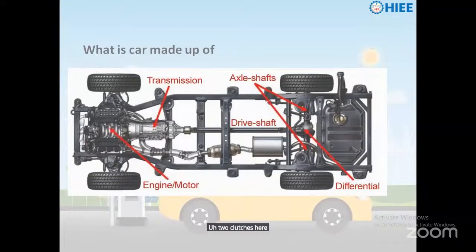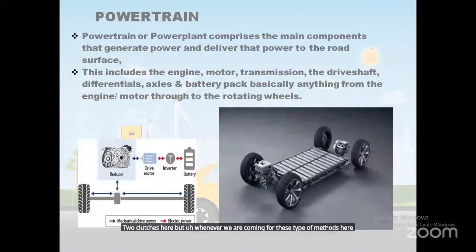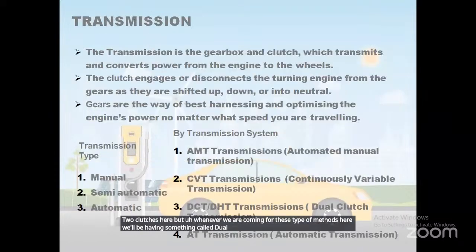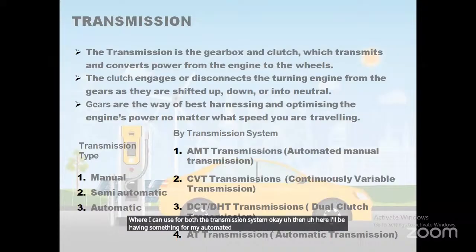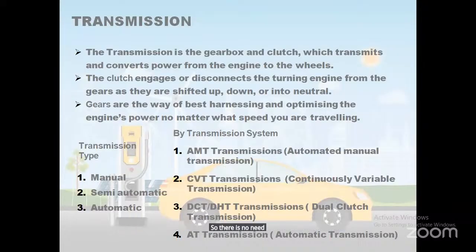But whenever we are coming to these types of methods, here we'll be having something called dual clutch transmission, where two clutches are embedded into one, or where two gearboxes are embedded into one system. Here we'll be having odd and even gearboxes which I can use for the transmission system. Then I'll be having something called my automated clutches, so there is no need of using any clutching operations.